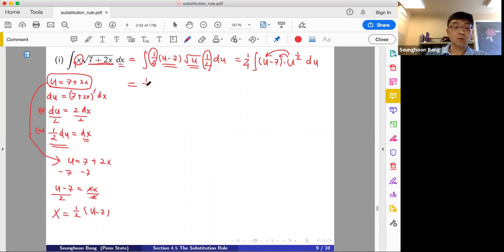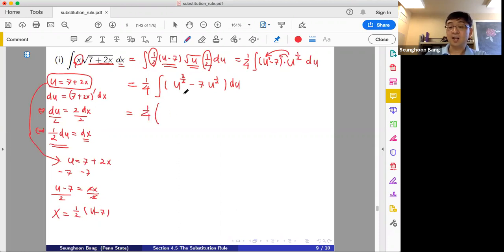You can keep 1 over 4, integral u to the power 1 times u to the 1/2. 1 plus 1 over 2 is 3 over 2. We have u to the 3 over 2 minus 7 times u to the 1/2 du. You have to keep 1 over 4.